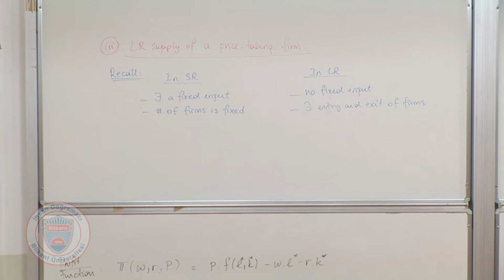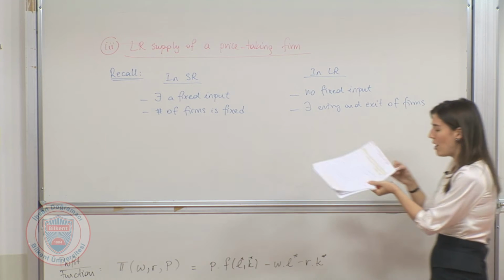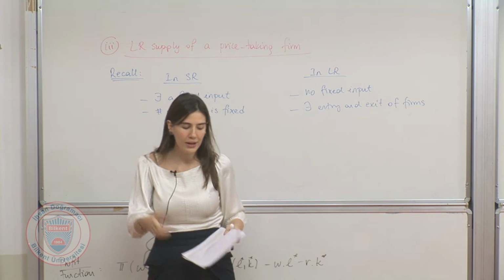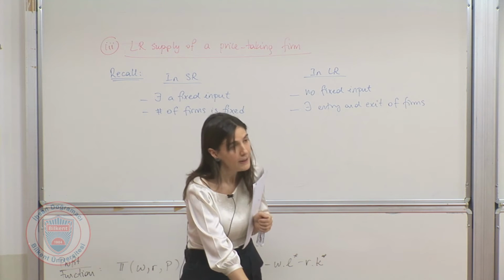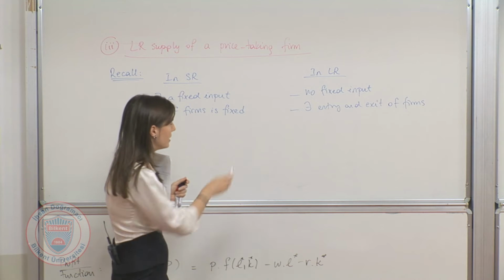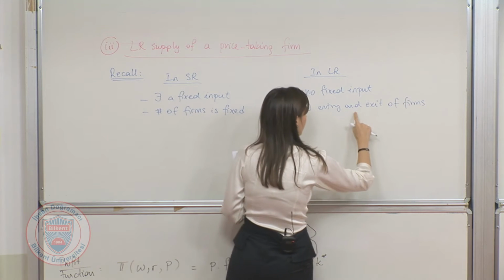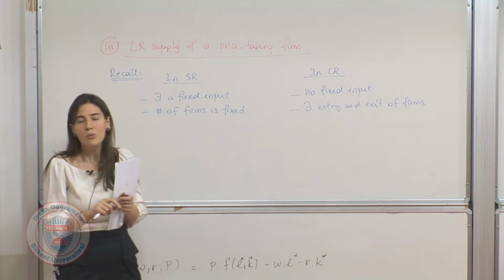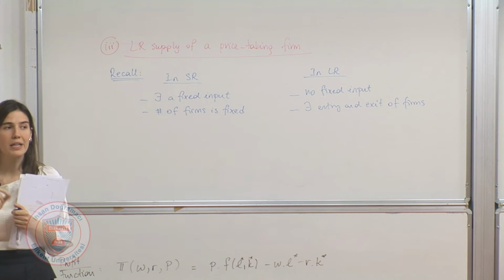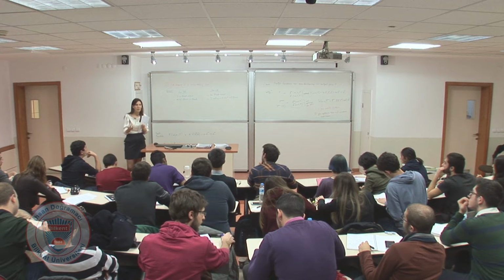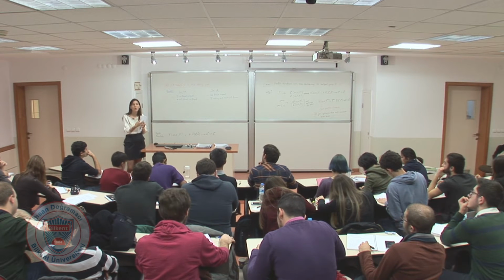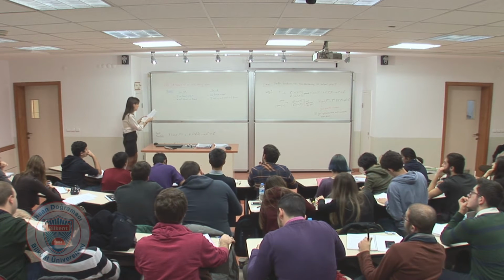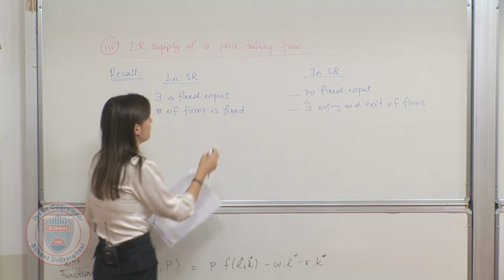That's why, for instance, when we define a perfectly competitive market, we say that there are no barriers to entry, okay? So if you want to enter or exit, it shouldn't be very costly. It should be costless. So this is basically what we say.